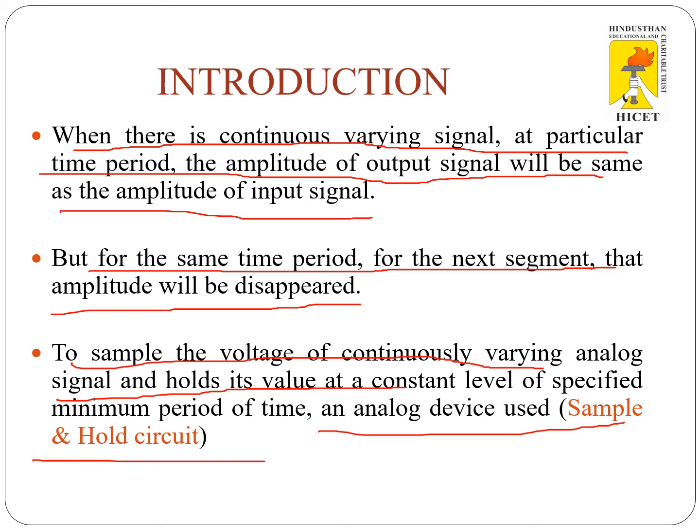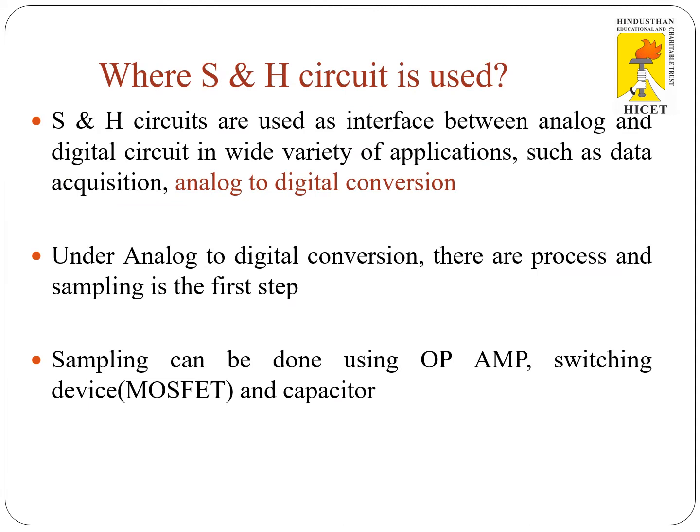So we have two operations performed here. We have to decide the time period for which sampling should be performed and the time period for which the holding operation should be performed.